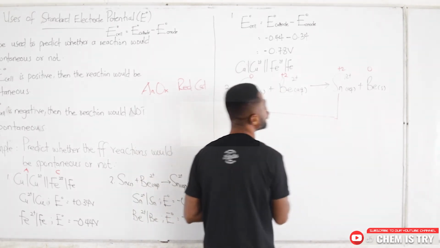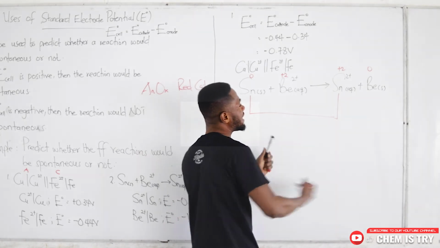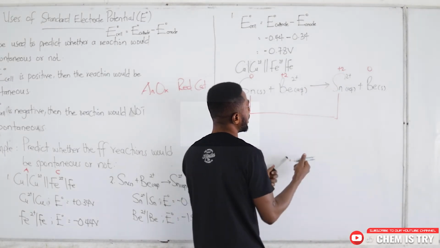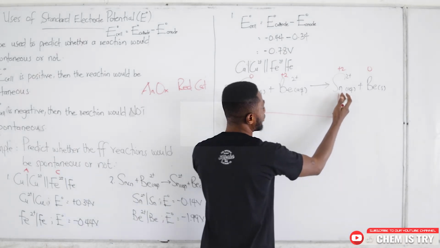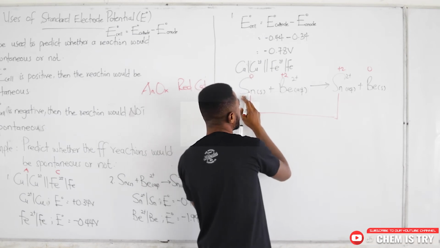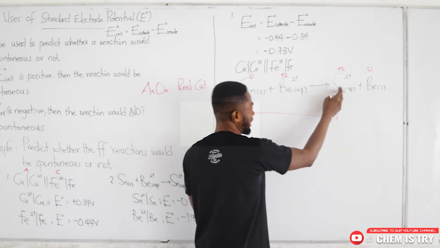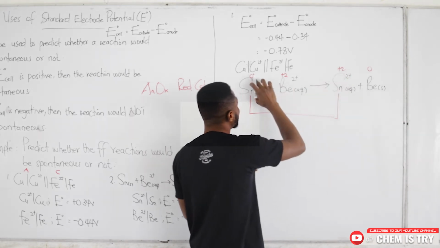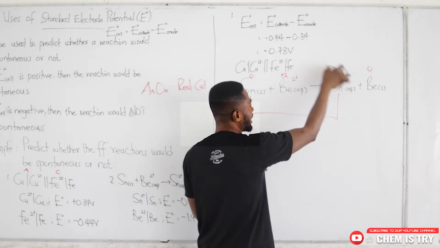So from tin to tin 2 plus, we are experiencing an increase in oxidation number, and that means it's an oxidation reaction. From tin with oxidation number of 0 to tin 2 plus with an oxidation number of positive 2, we are experiencing an increase in oxidation number.